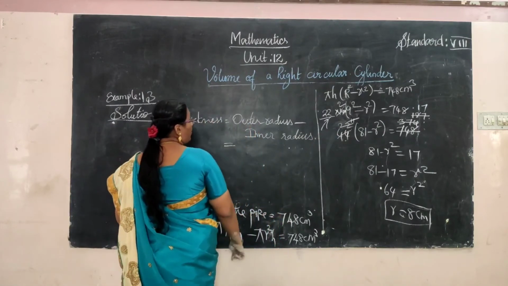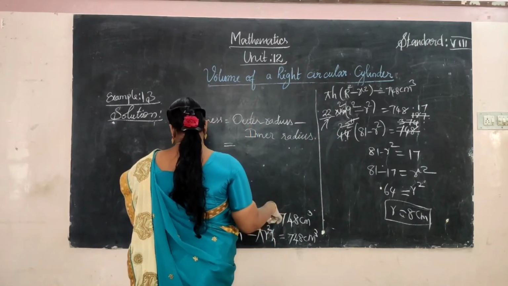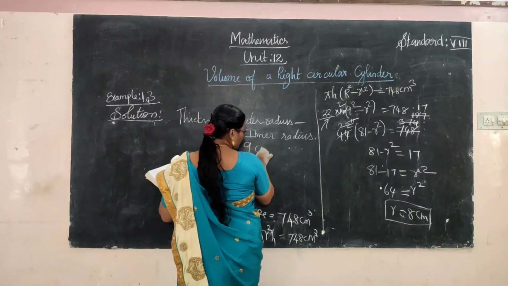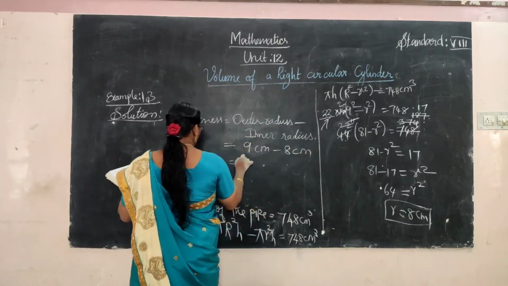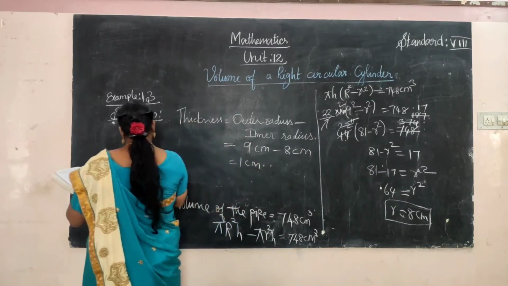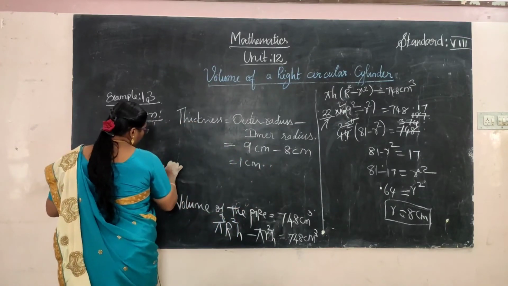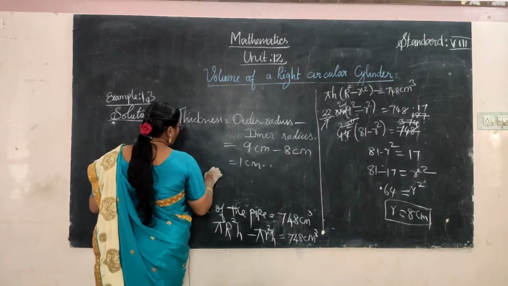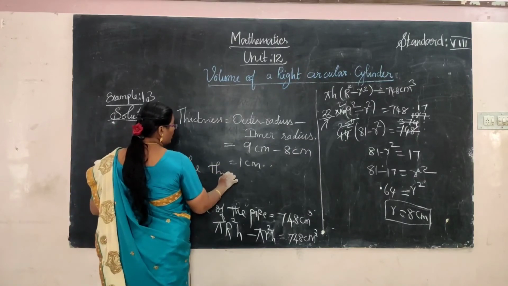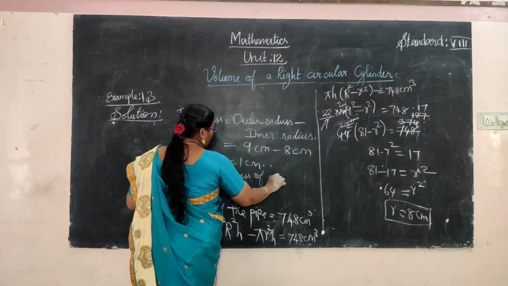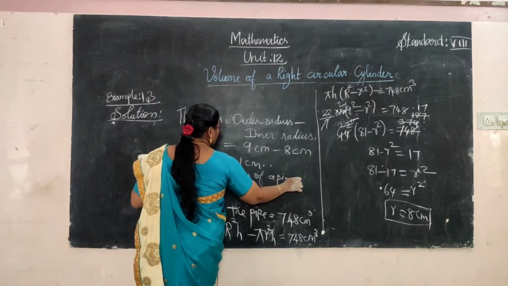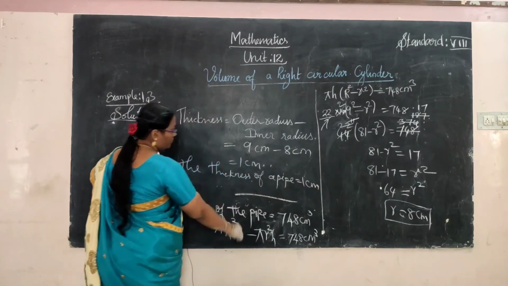Outer radius capital R is equal to, what is the value? 9 centimeter. So inner radius is 8 centimeter. So 1 centimeter. So the thickness of the pipe is equal to 1 centimeter.